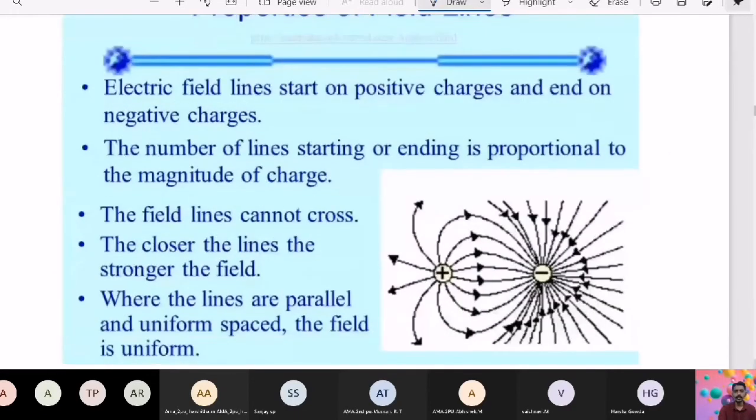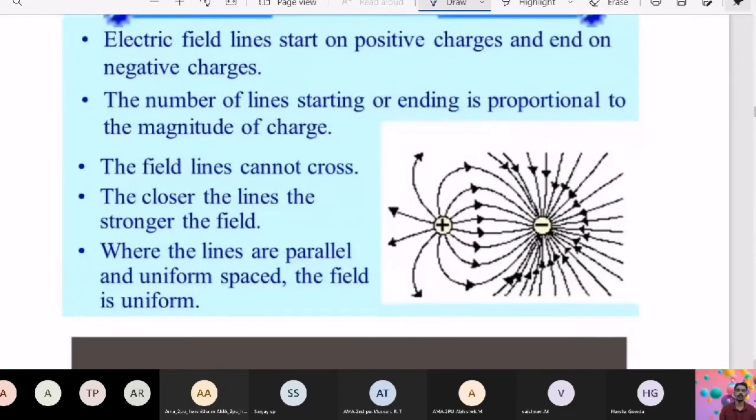Now if you consider electric field lines, what are the properties you need to remember? First one, electric field lines start on positive charge and end on negative charge. As I said, if there is a positive charge, the field direction is away, so the field line is away from positive charge. It looks like it originates from positive charge.